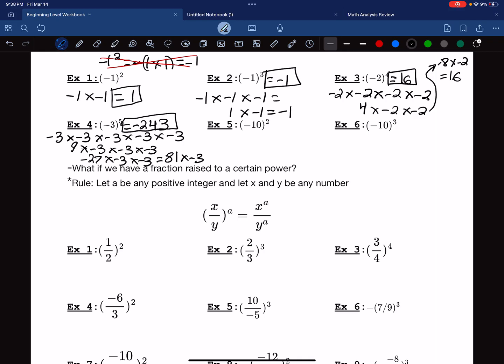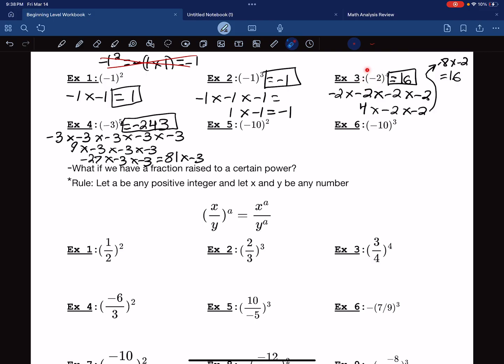Now, before we work through examples 5 and 6, I just want to take note of the trends that we can notice from these 4 problems. So in example 1, we had an exponent of 2, and 2 is an even number, and we got out a positive number. Now looking at example 2, we had 3 as an exponent, which is an odd number, and we got out a negative number.